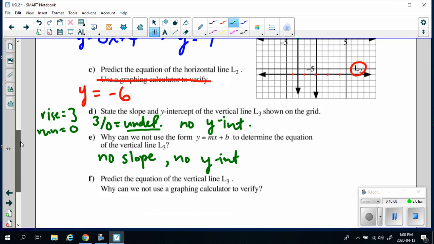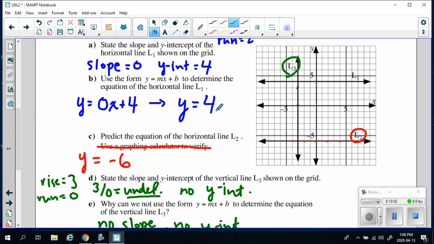We cannot use this format to write the equation of a vertical line. But we can still write an equation of this line using the pattern that we saw before. By labeling the points, you can see a pattern. The coordinates of this point are -3, comma 3. The coordinates of this point are -3, comma 0.